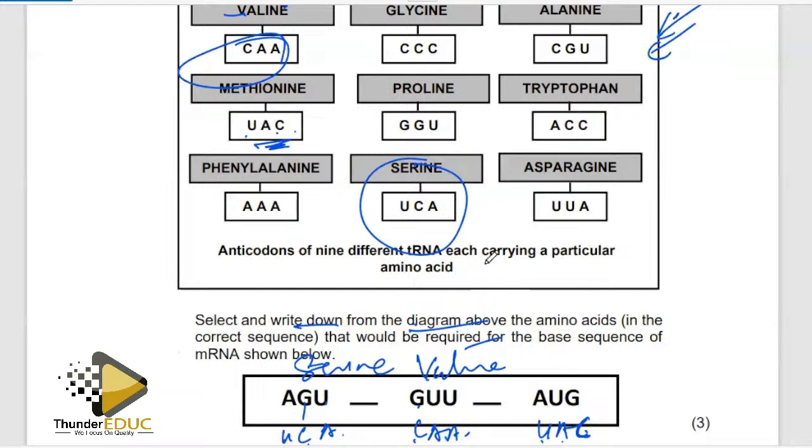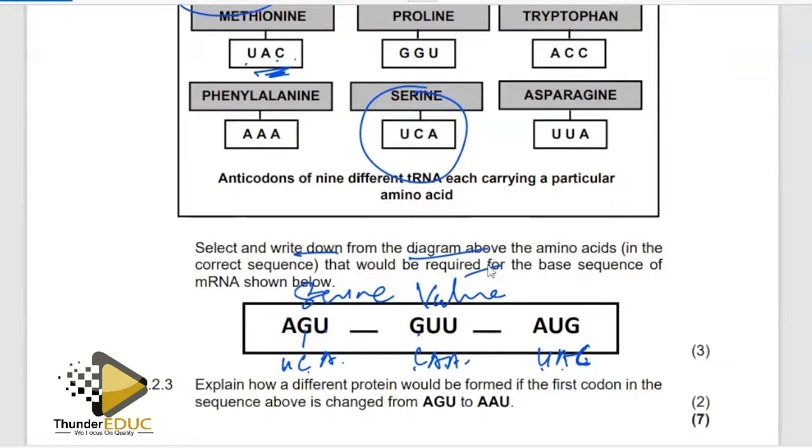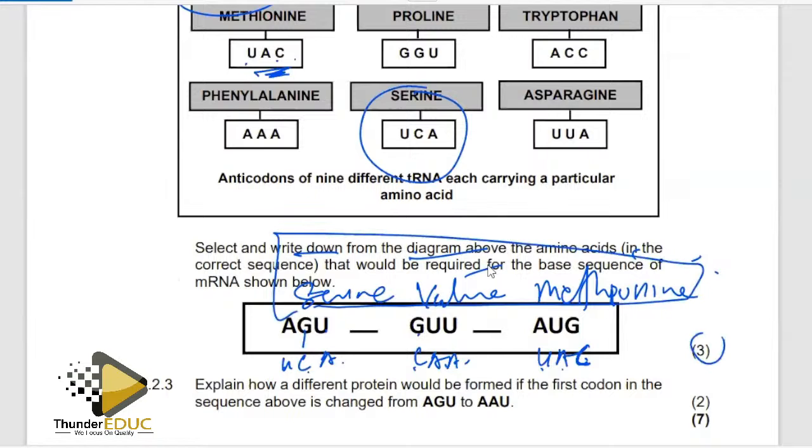So it means that the last one is methionine. Yes, so your answer was supposed to be like that. Since these are 3 marks, if you write each in the correct sequence, then they give you 1 mark each.